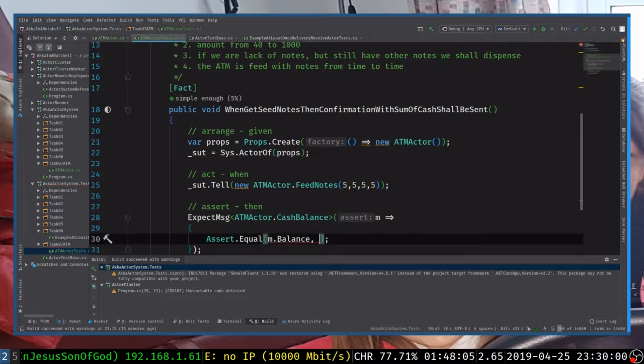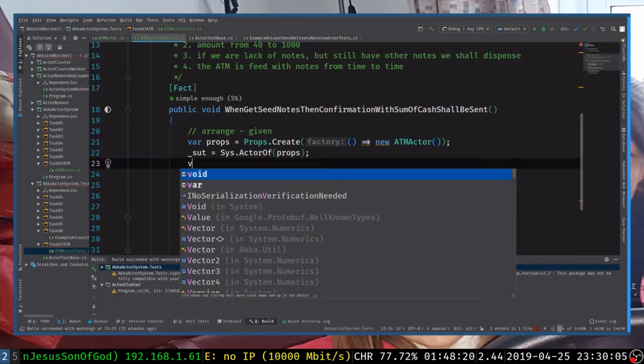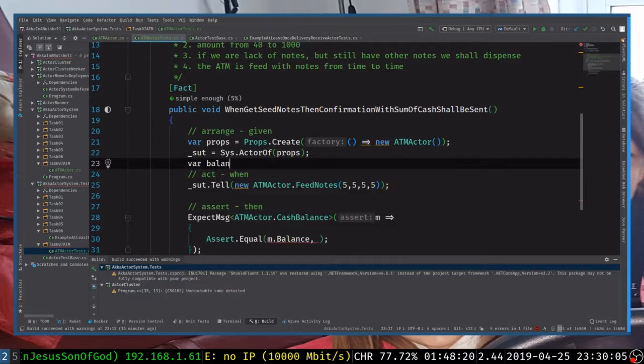So let's call this expected balance, which equals 5 times 200 plus 5 times 100 plus 5 times 50 plus 5 times 20.